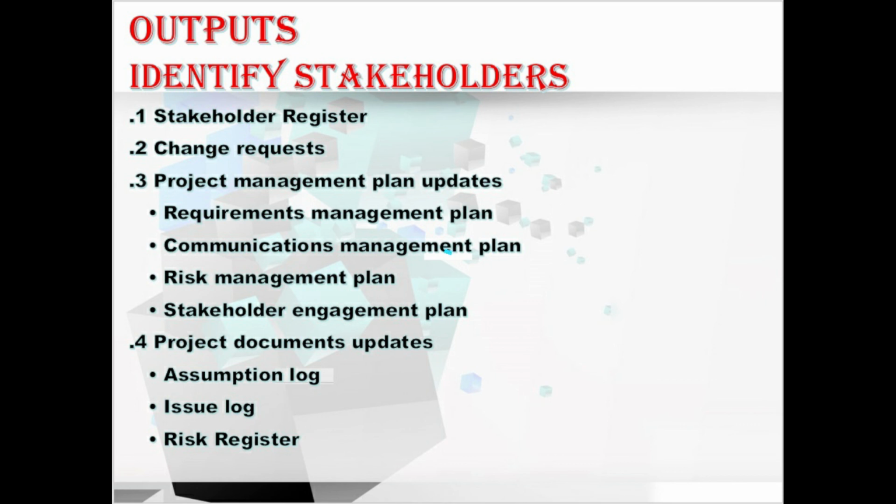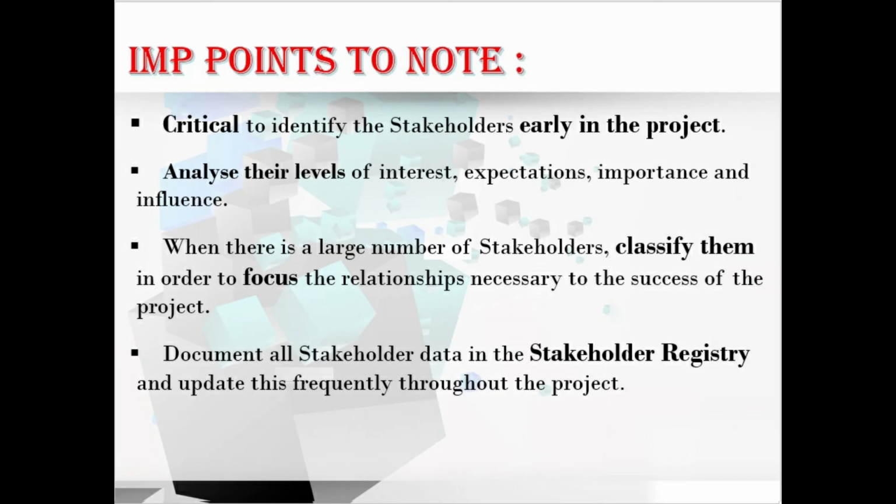Before closing this session, let's highlight some key points of this process that we have to make note of. The criticality to identify the stakeholders early in the project, and we need to analyze their levels of interest, expectations, importance and influence.